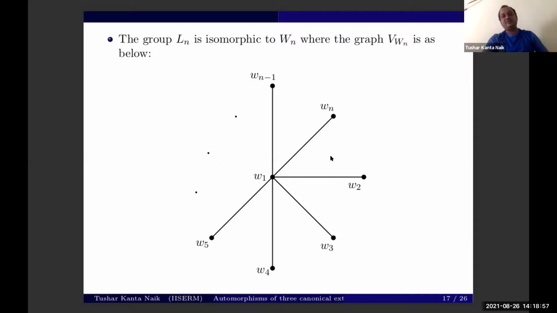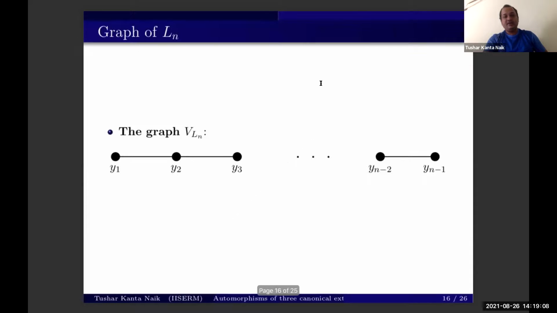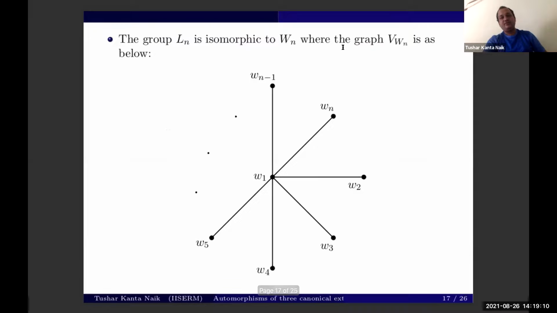But for this star graph, the automorphism of the graph is large, and we will get a large number of outer automorphisms from the group Ln. So as this group Ln is isomorphic to this group Wn, here we will see the automorphisms of the odd Coxeter group Wn when its graph is star shaped.